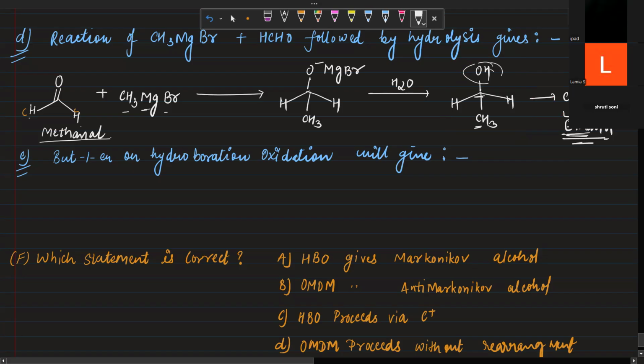I'm going to have to double check with you again. I think my notes might have mistakes actually. It's okay, one thing at a time. I'll just focus on this problem, then I can figure that out. Okay, but-1-ene on hydroboration oxidation.